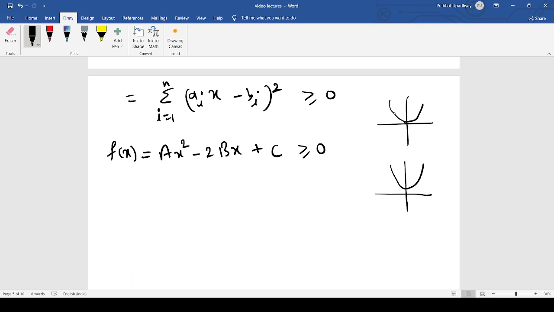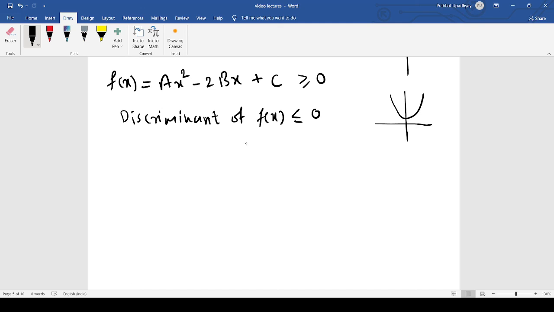And if your parabola touches your x-axis, that means your quadratic polynomial has repeated roots, and in that case the discriminant of your polynomial is equal to 0. So you have discriminant of f of x is less than or equal to 0.